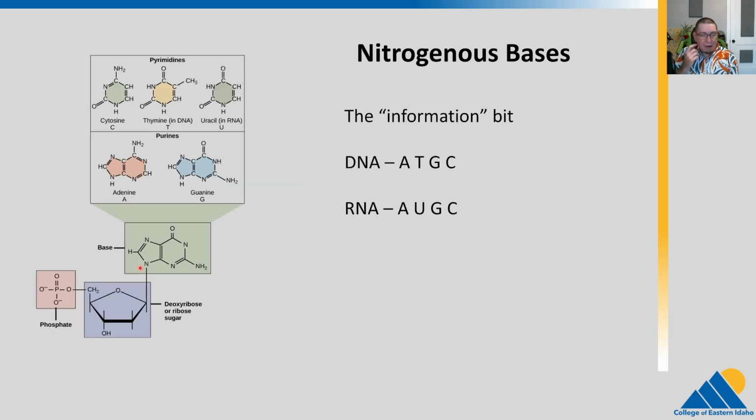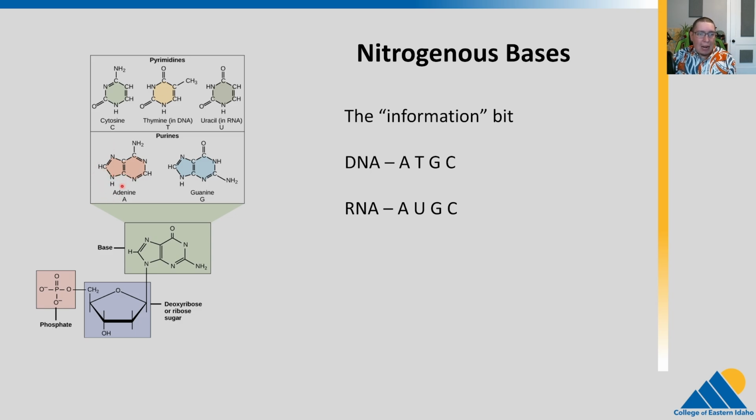All right, let's talk about the information containing bit, the nitrogenous base. These are the As, Ts, Gs, and Cs that you might be familiar with. You don't need to memorize their structure or even really their name, although it's good to have that in your memory.